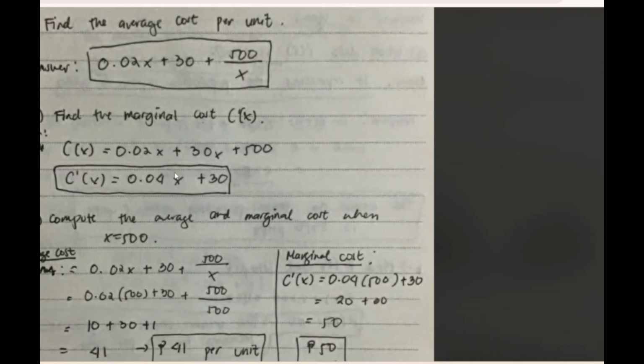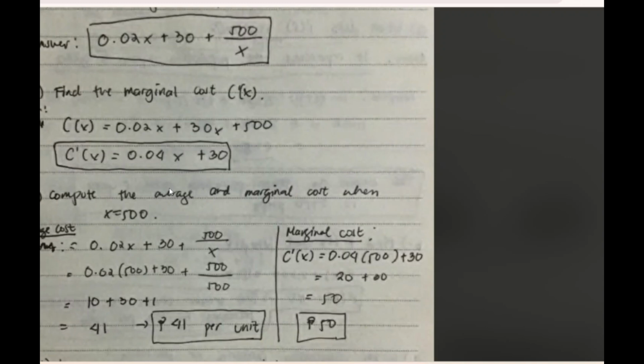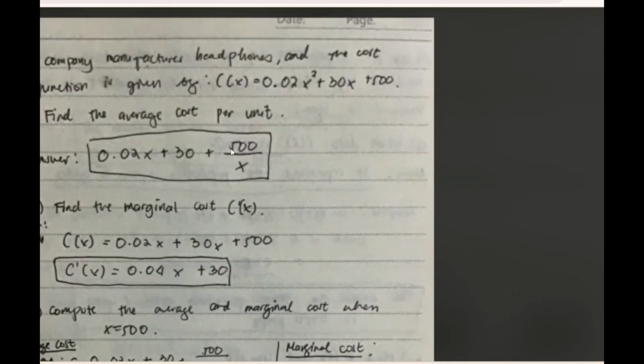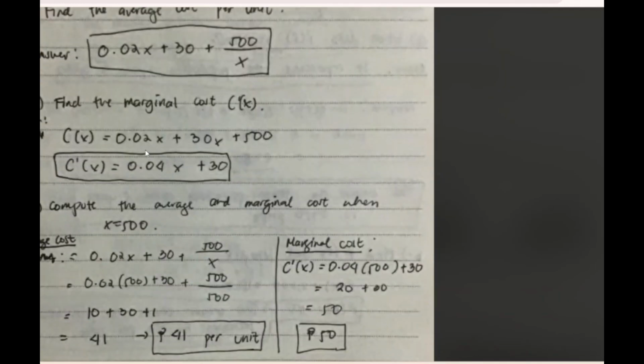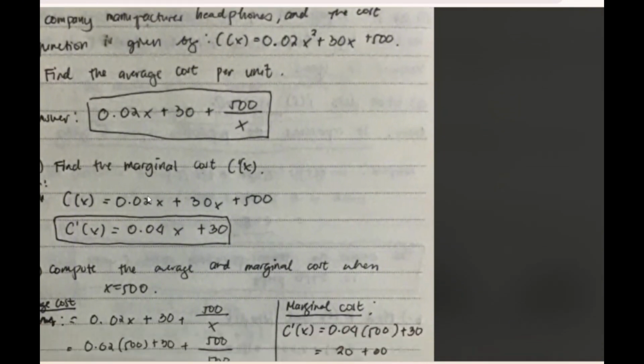So each term was divided by x as its average. Question letter B is to find the marginal cost C prime of x. To find the marginal cost, we simply differentiate the cost function. Our given function is 0.02x squared plus 30x plus 500.